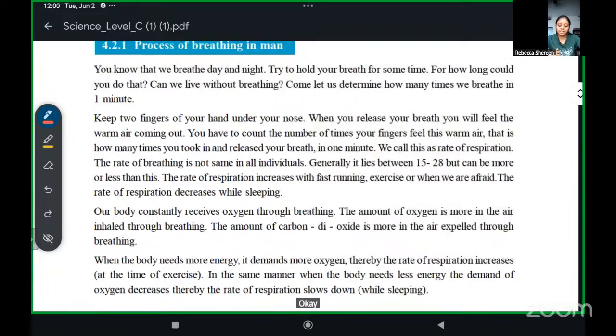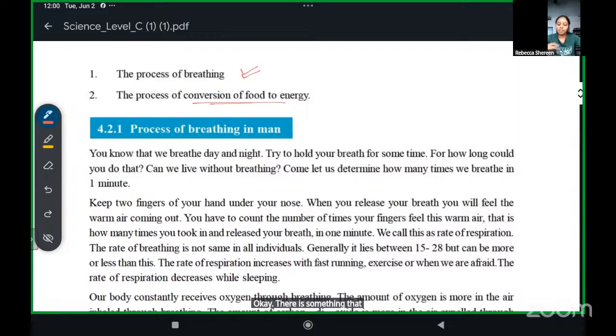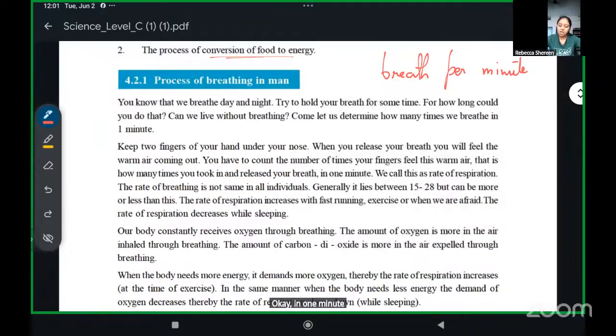There is something known as breaths per minute. Breaths per minute means that in 1 minute, how many times are we breathing?